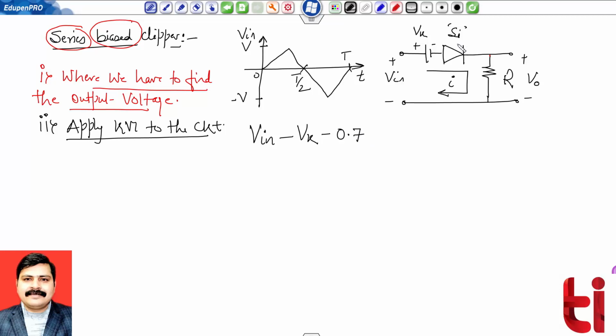As you know that this is made up from silicon, it will be replaced by a battery of 0.7 volt when it is forward biased. So Vin minus Vk minus 0.7 minus V naught will be equal to 0.